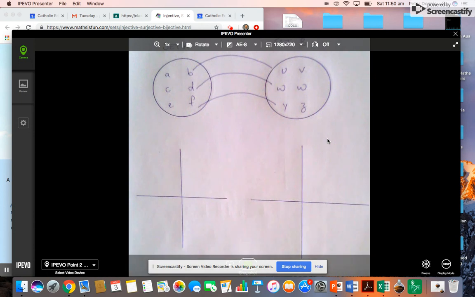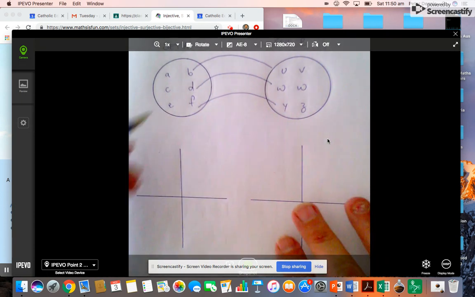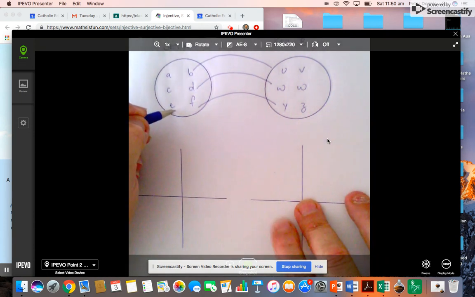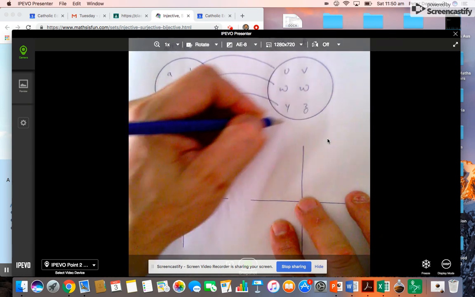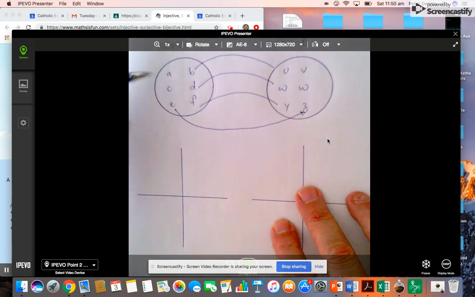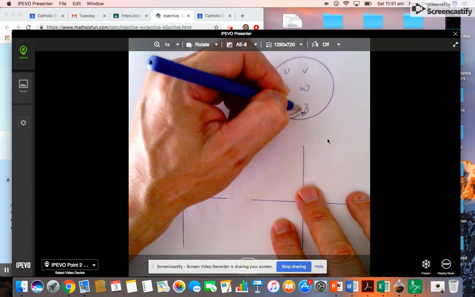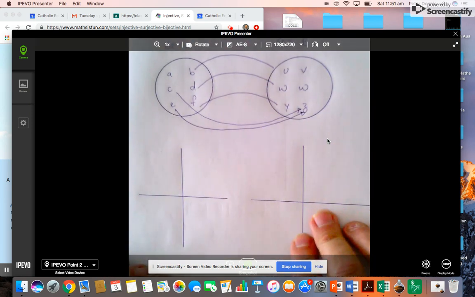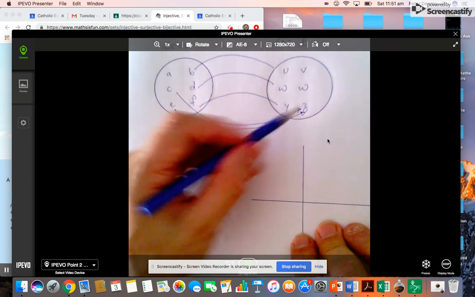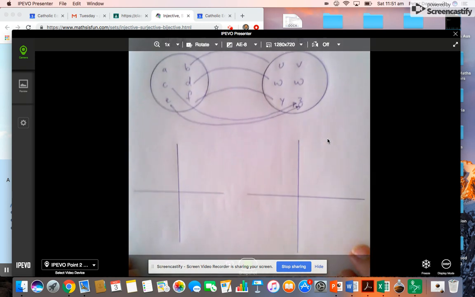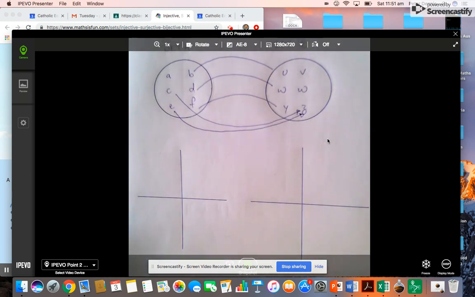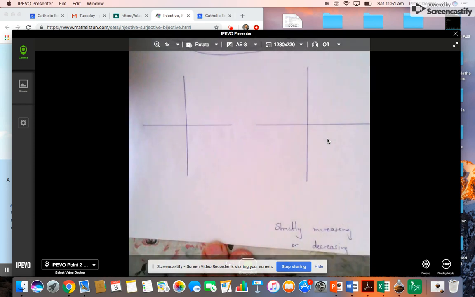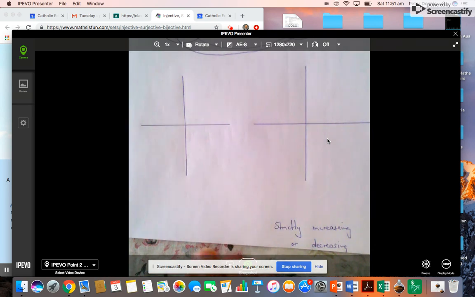It's a function, and at the moment it is injective. But if e goes to z, and c goes to z, now it's not injective because 2 things are going to z. So basically an injective function is something that is strictly increasing or decreasing.